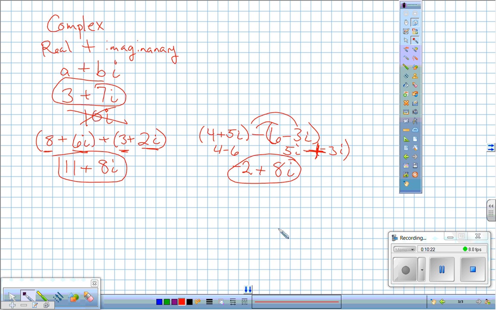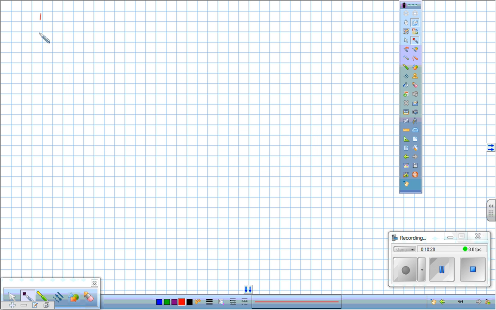Okay, now we'll do some multiplication with just some pure imaginary numbers, and then we will change it into complex numbers. Oh, I can't spell multiplication. So, for example, they have the square root of negative 2 times the square root of negative 5.